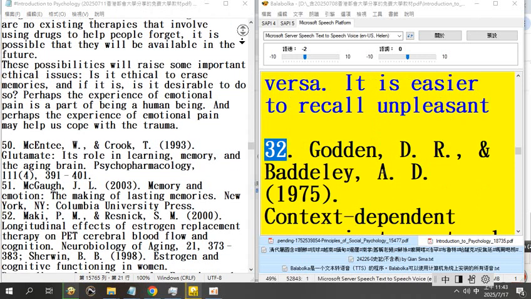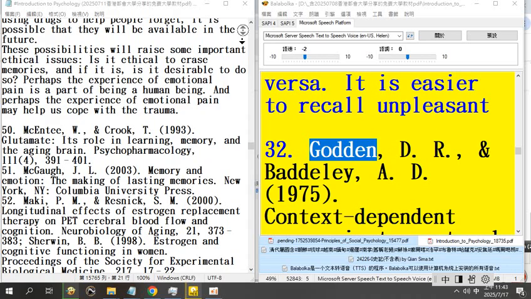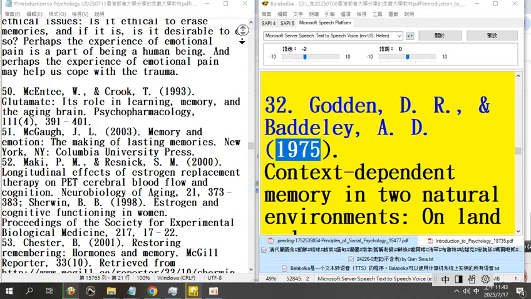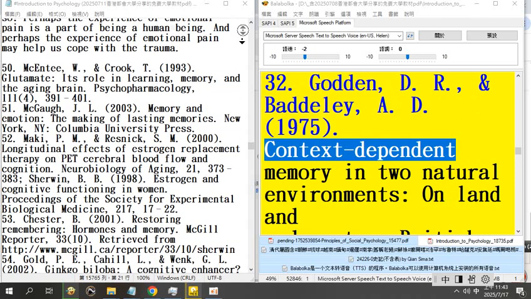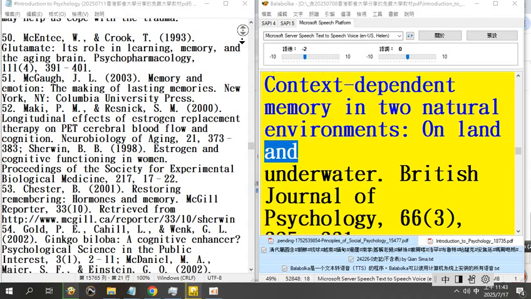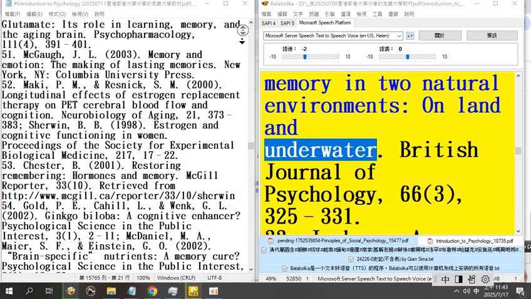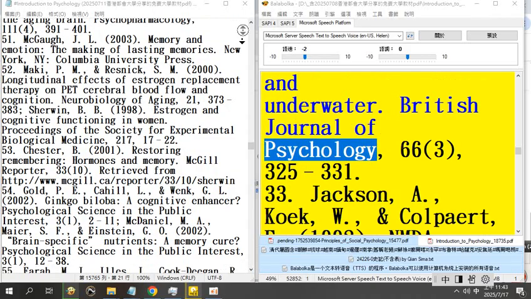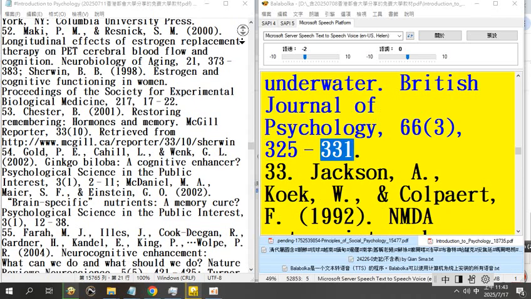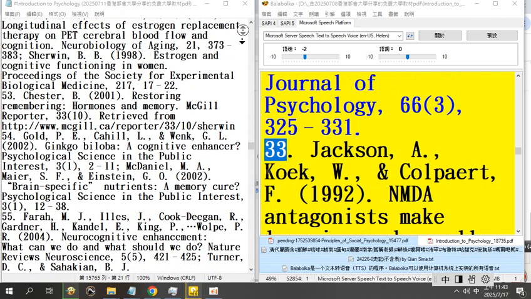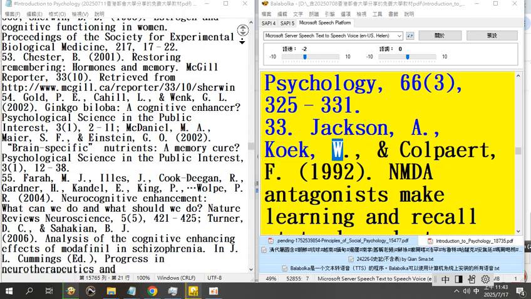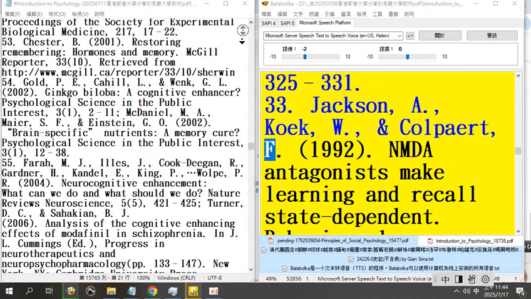32. Godden, Dr., and Baddeley, A.D. 1975. Context-dependent memory in two natural environments, on land and underwater. British Journal of Psychology, 66, 325, 331. 33. Jackson, A., Koch, W., and Colpert, F. 1992.